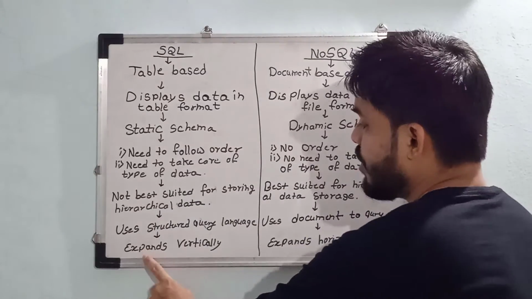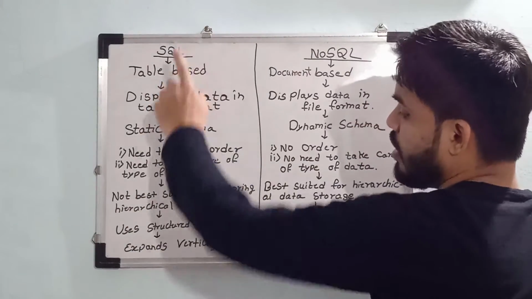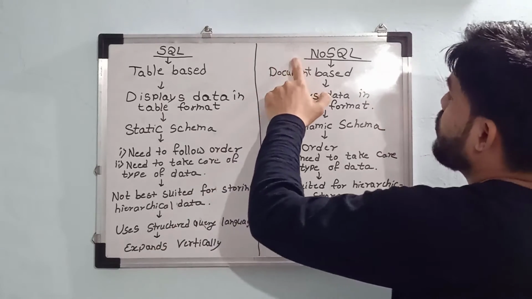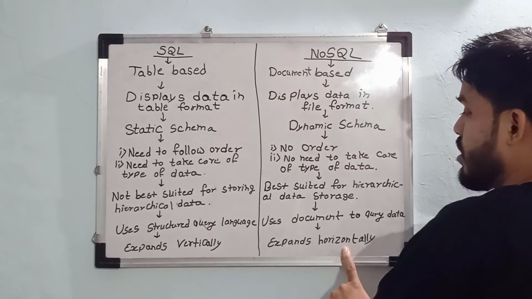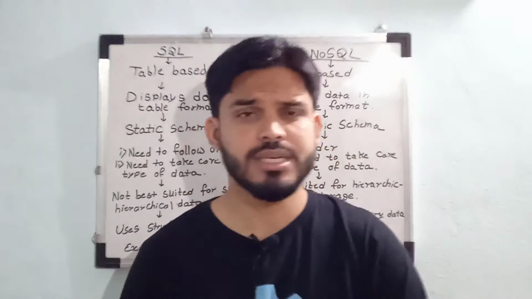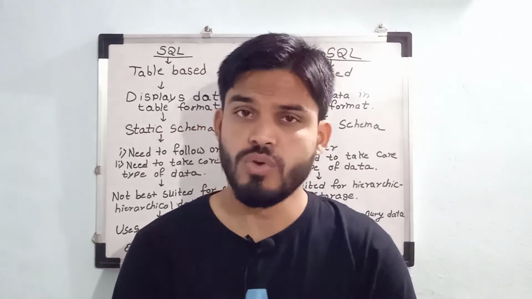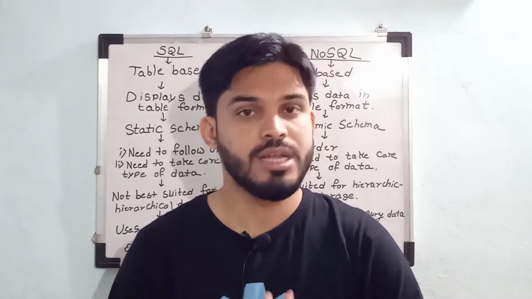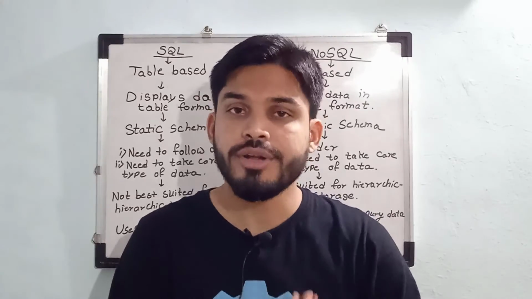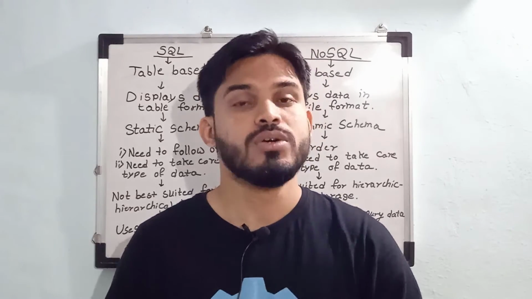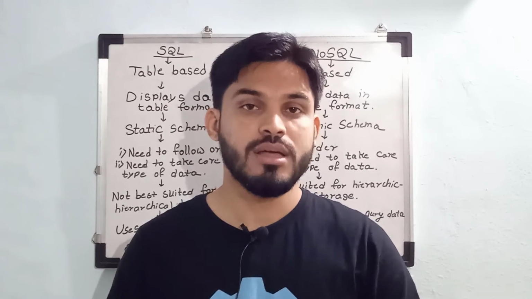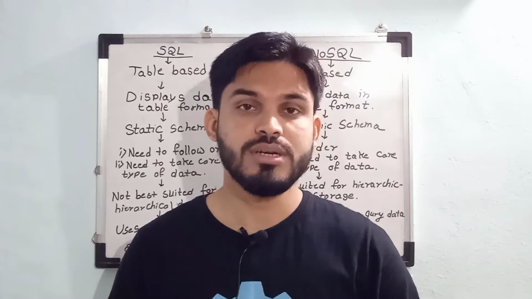Now, last point, SQL database expands vertically. NoSQL database expands horizontally. What does it mean? SQL is table based, NoSQL is file based. Table means fixed column and rows are not fixed. As rows are not fixed means they can increase as per requirement.